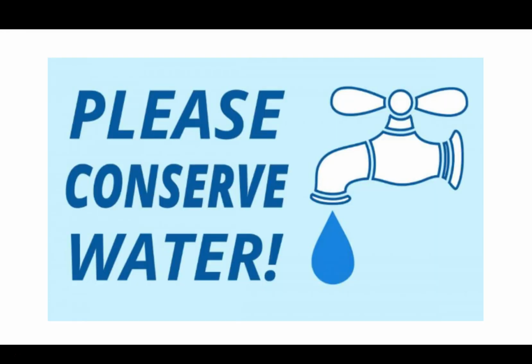We also run the risk of using more of our water from our aquifer than the natural process of the water cycle from rain is able to fill up again. So we're taking out water faster than it's able to replenish itself.